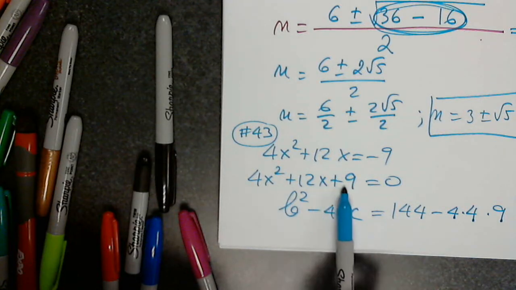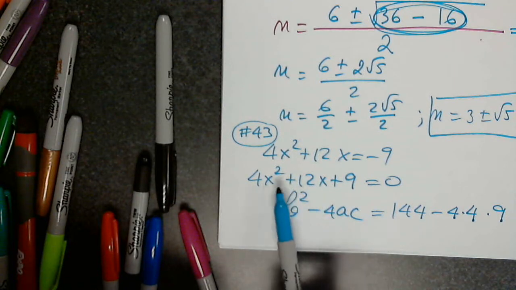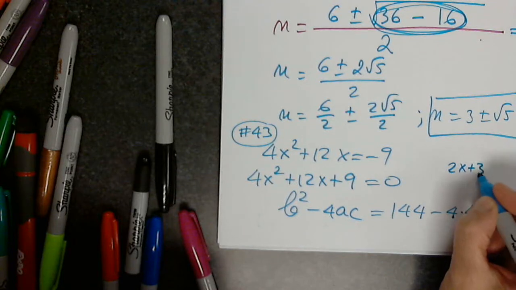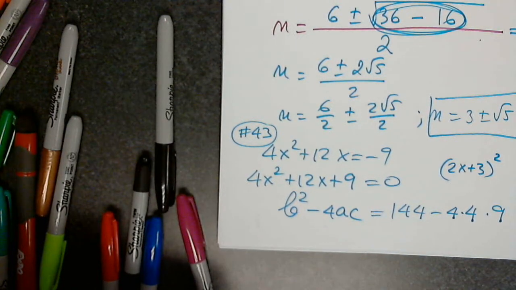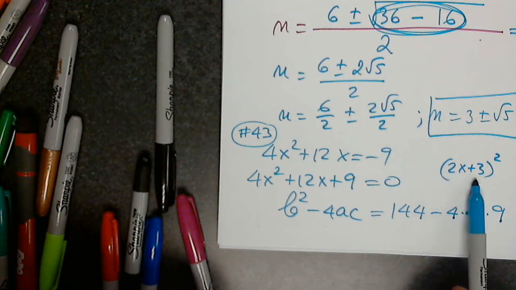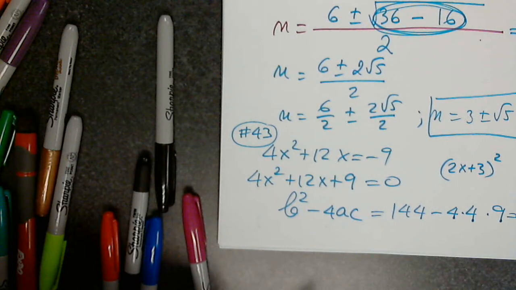I'm looking at the trinomial, and I'm almost sure I expect this, right? So 2 times the first times the second is that. So that tells me that this must be 0.